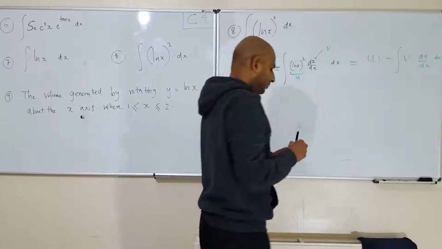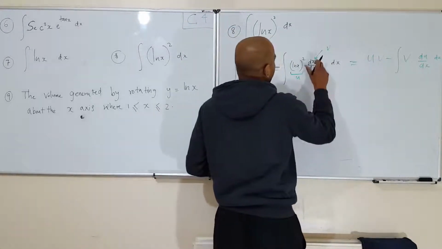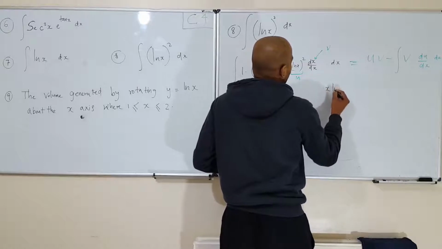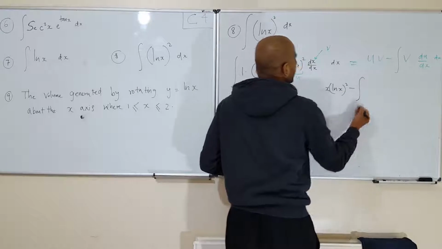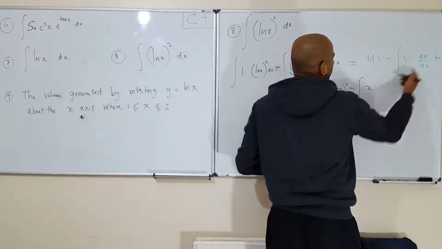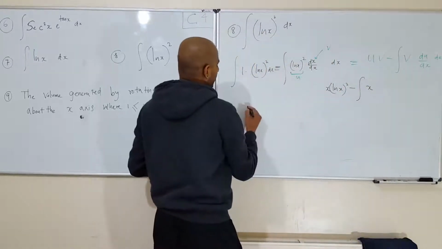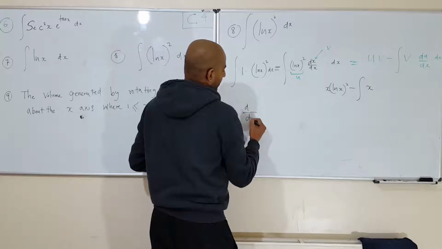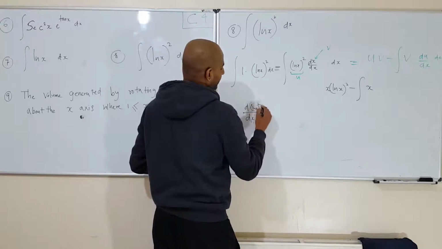Okay? So we got u times v, basically x times ln x squared, minus the integration of v, which is basically x, times the differential of u. We're trying to differentiate ln x squared separately.